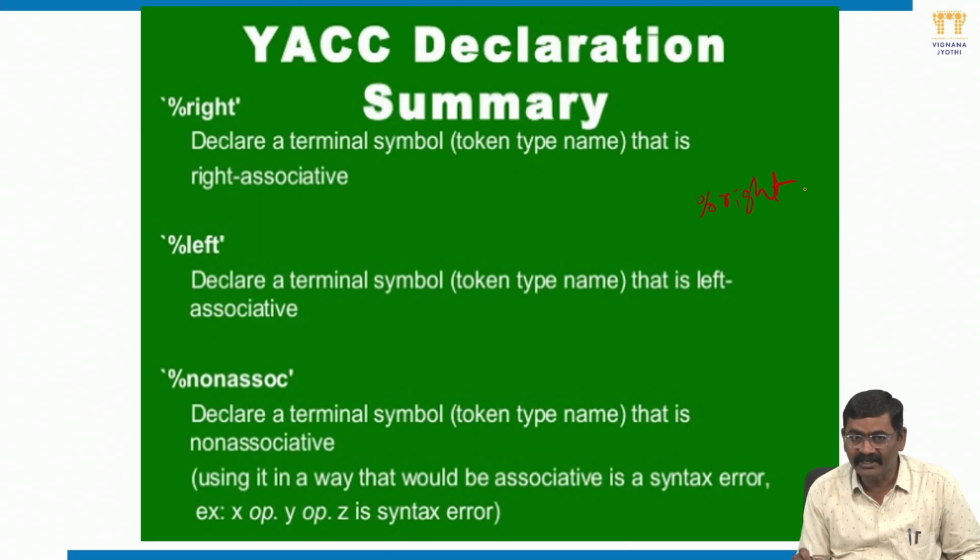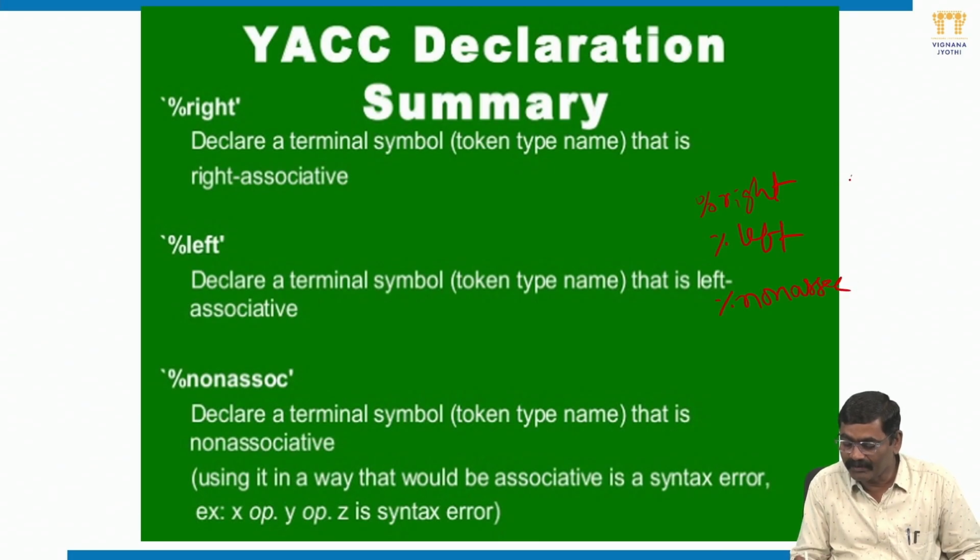Suppose the operator is right associative, in that case we use %right. Suppose the operator is left associative, in that case we use %left. Suppose the operator is non-associative, in that case we use %nonassoc.